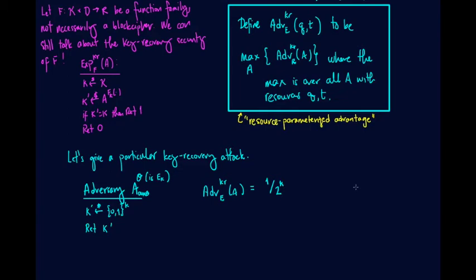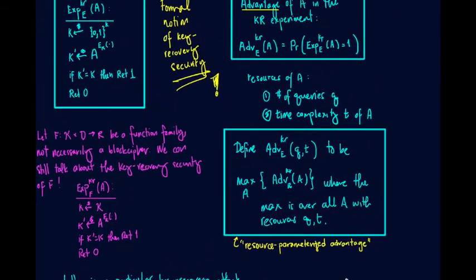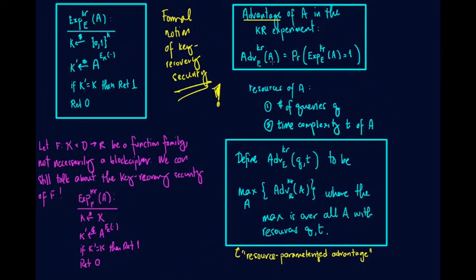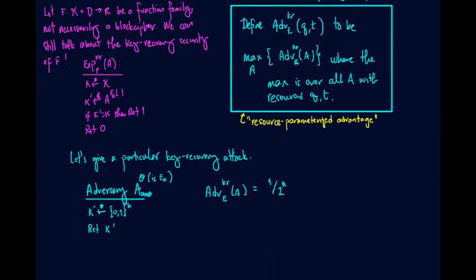Why is it that? Well, by the arguments that we gave a couple times already earlier in this lecture, so we have to unpack this. What is this? The advantage is the probability that the particular A, so I should have written this down here. So let me correct this. I made a syntax error here.